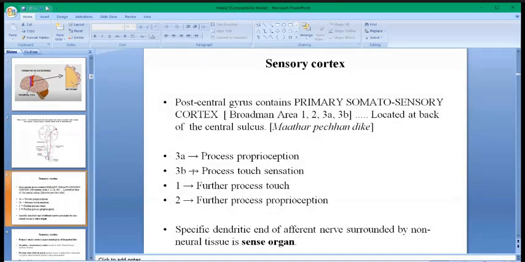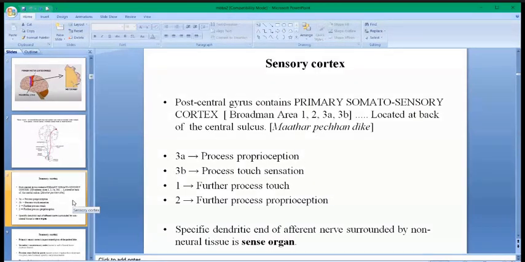So, as I already told in the previous class, I am repeating so that you can remember. For testing the sensory cortex, you tell the person to close his or her eyes and then touch, say for example, the index finger, right?